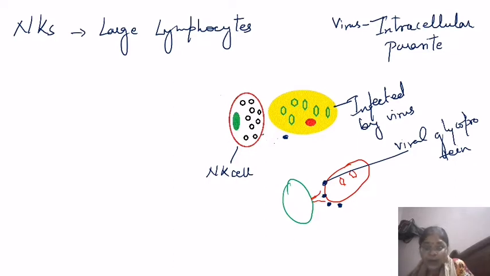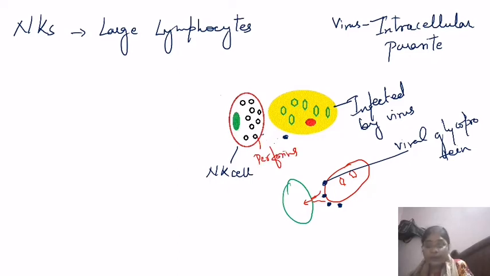Once they bind, what happens? When the receptors bind to a signal molecule like the glycoprotein, it gives a signal that it is a foreign protein. Now these NK cells will release the vesicles which are having perforins on them.